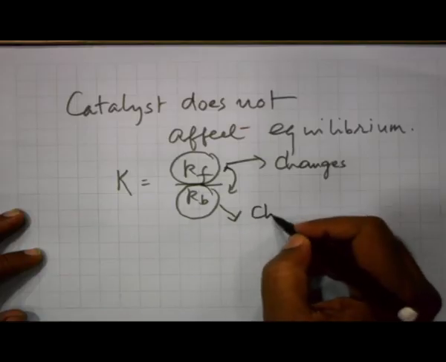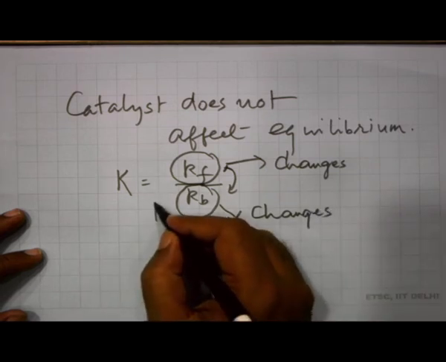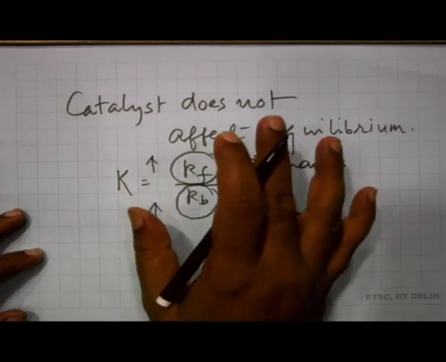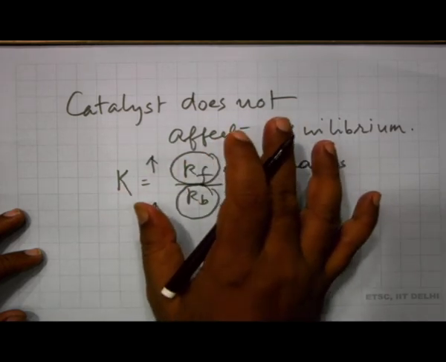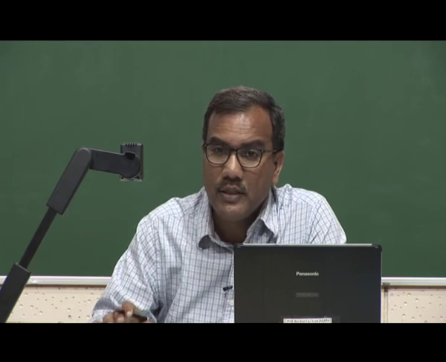So, there is an increase in Kf and an increase in Kb, but the ratio Kf by Kb remains constant, and that means that there is no effect of catalyst on the equilibrium.